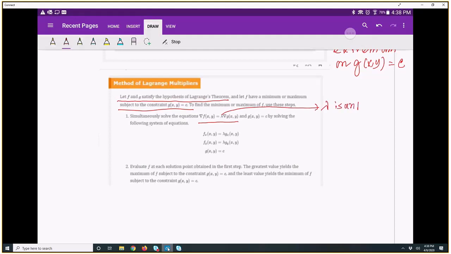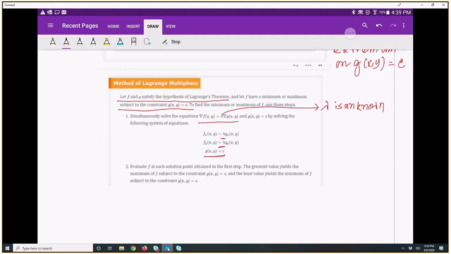It will give you a system of equations. The partial derivative of f with respect to x equals lambda times the partial derivative of g with respect to x. The partial derivative of f with respect to y equals lambda times the partial derivative of g with respect to y. And the third equation is going to be the given constraint itself, g(x, y) equal to c.